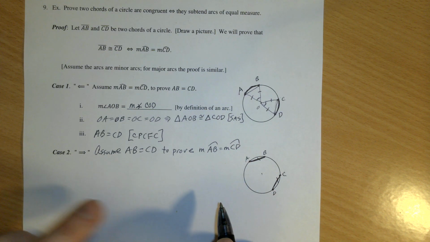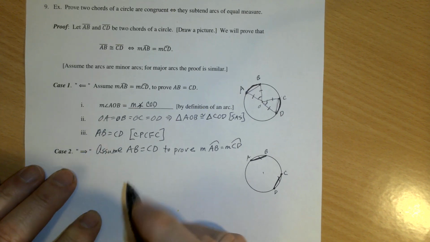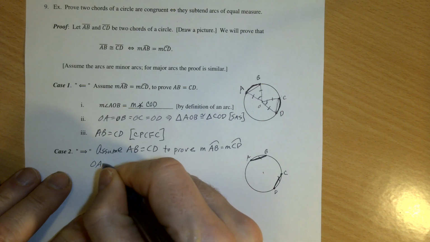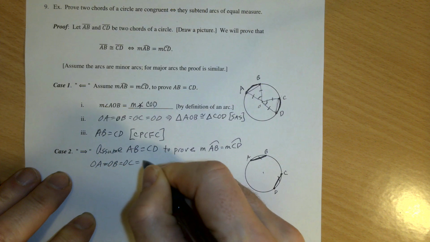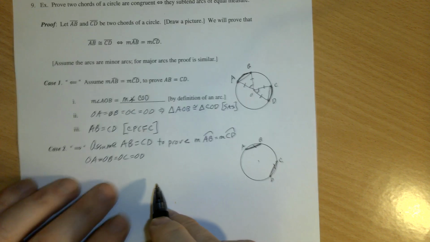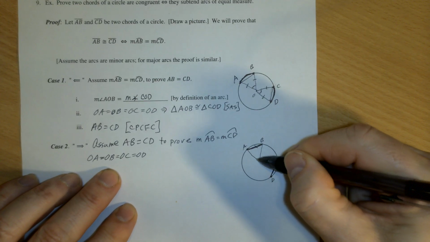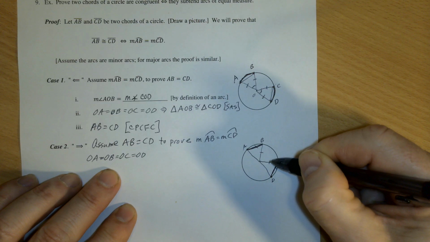I'm basically going to repeat something from above. We know that OA equals OB equals OC equals OD, because every one of those line segments is the radius of the same circle.